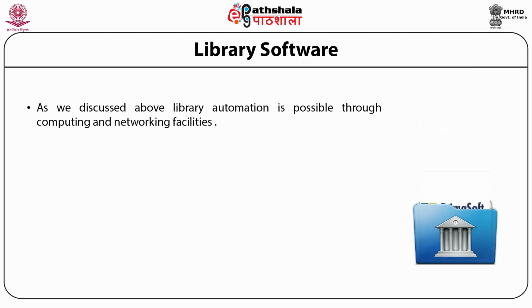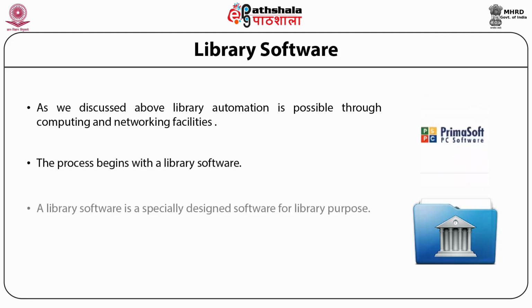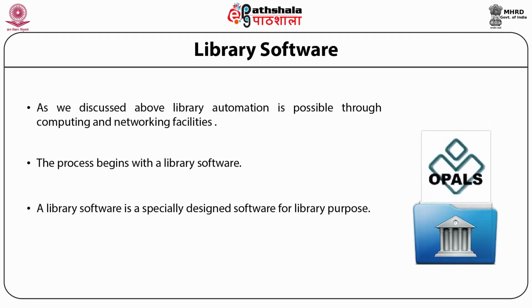As we discussed above, library automation is possible through computing and networking facilities. The process begins with a library software. A library software is specially designed software for library purposes, though there are many available in the market. But few are very useful.